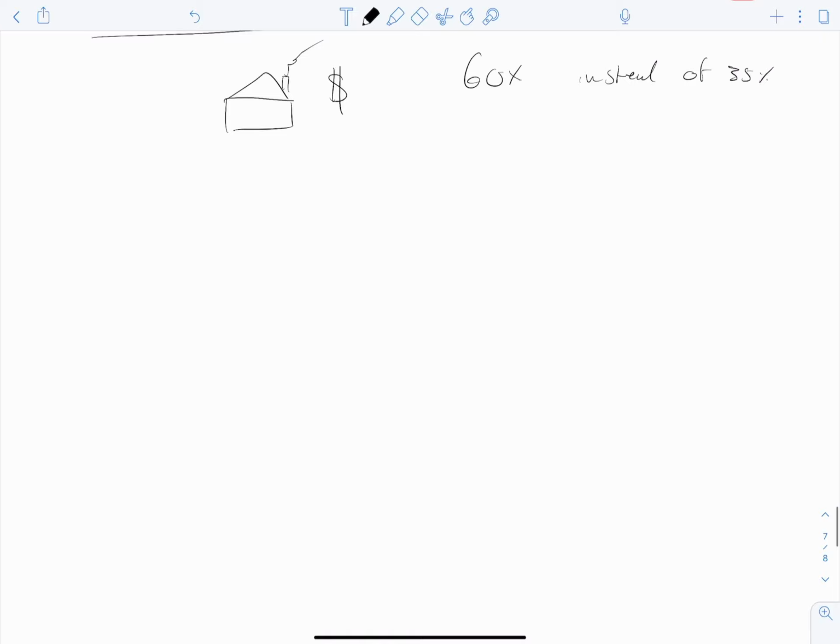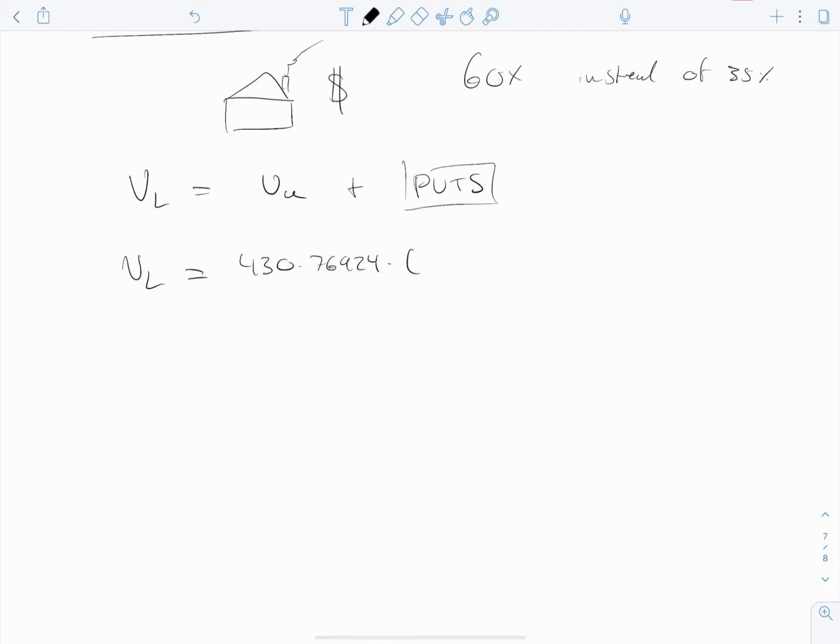So the way that you should do this is that you actually need to calculate the entire thing again. So let's actually start with that. You know that the value of the levered firm is equal to the value of unlevered plus the present value of tax shield. And most people just think that tax influences only here, but it doesn't. We know that the value of the unlevered firm was 430,76924 minus tax, which is now 60% over 8% here.